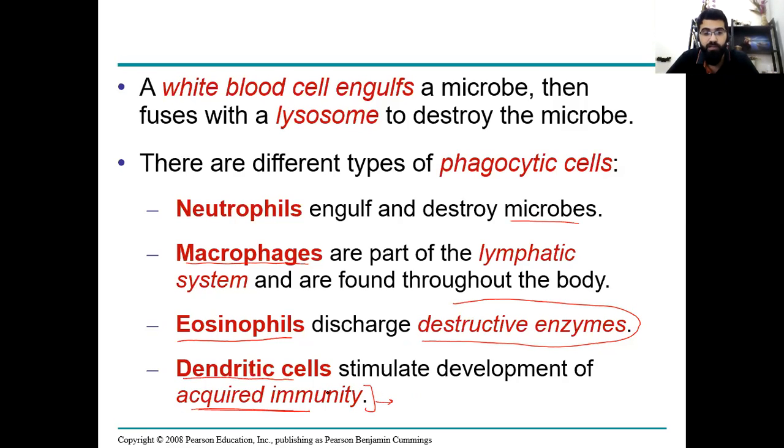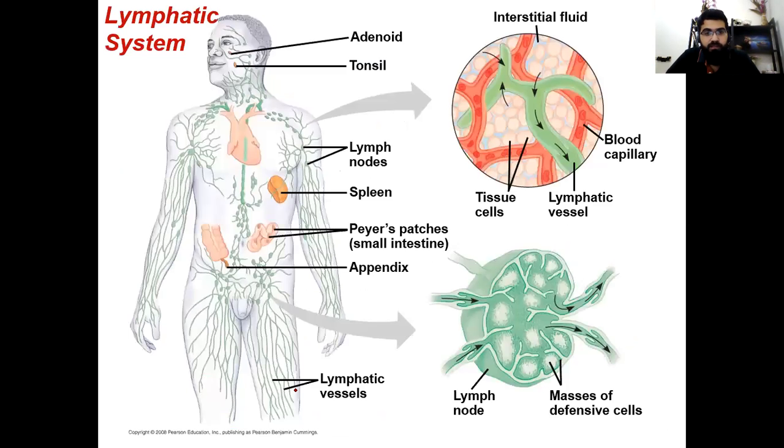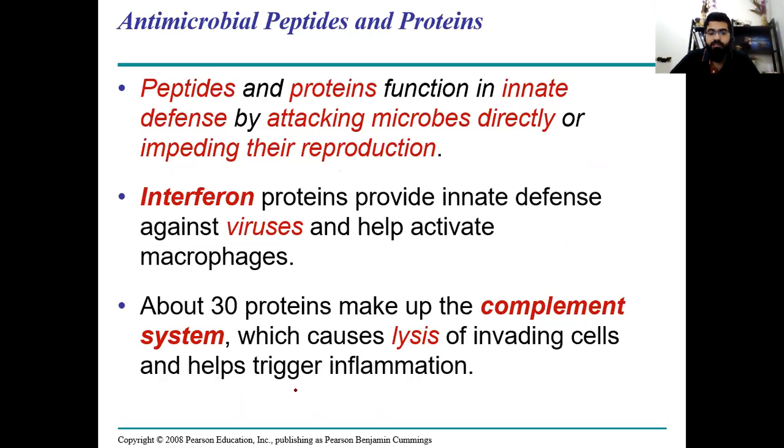That's why acquired immunity is specific. Dendritic cells are innate, non-specific cells, but they stimulate the acquired immunity. That's it about the cellular innate cells or defense.